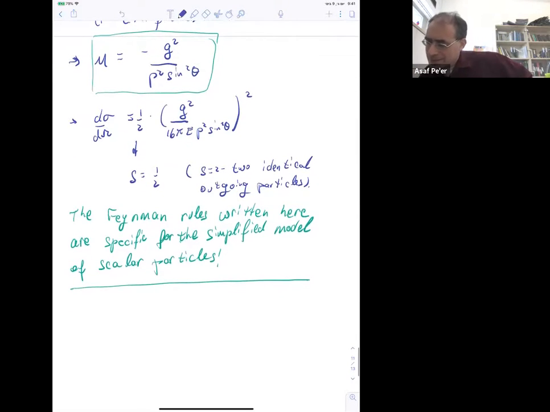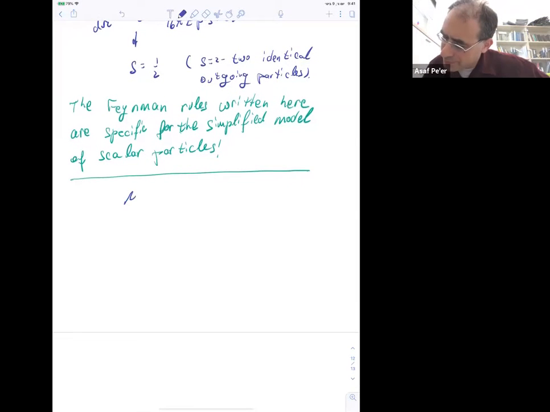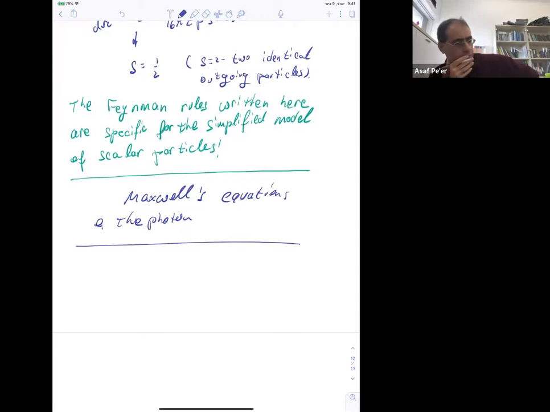Okay, so the next subject is Maxwell's equations and the photon. Since the photon, let's start with that. That again brings us to describe a little bit about the concept of quantum field theory.